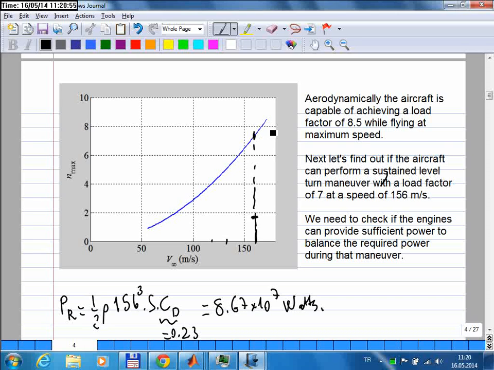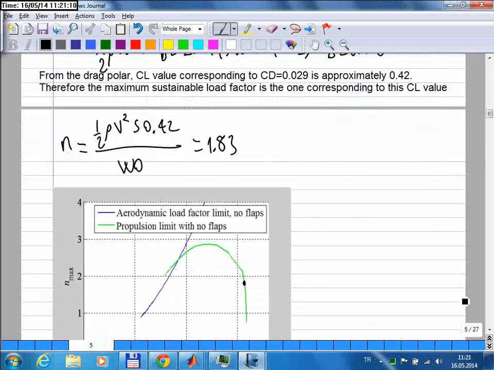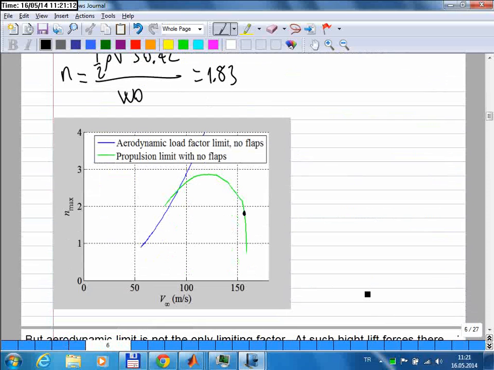The speed of the aircraft will start going down because you have a drag force much greater than the thrust force. So in that case, it will not be a sustained maneuver. For a sustained maneuver, these are the limitations. Okay, so there's a critical point here where the two intersect.